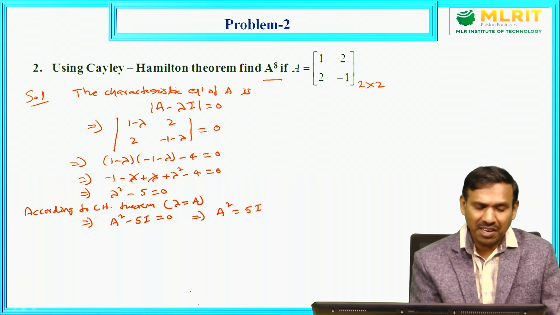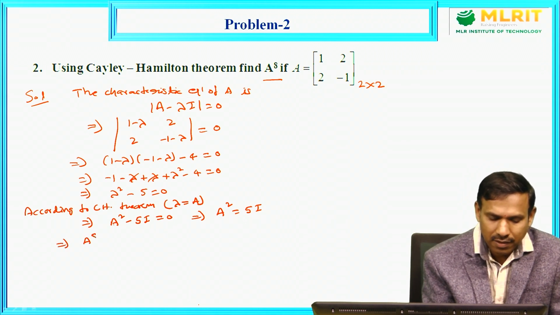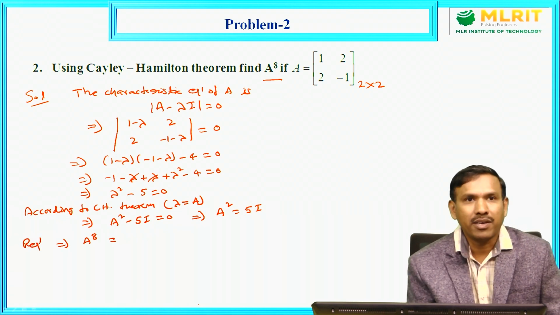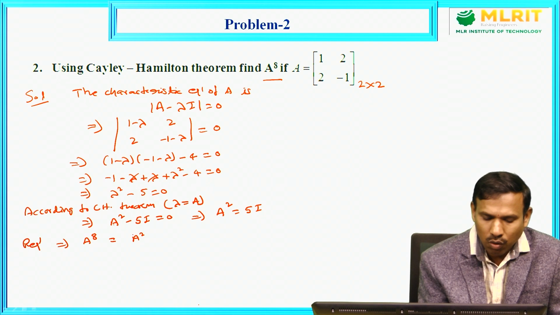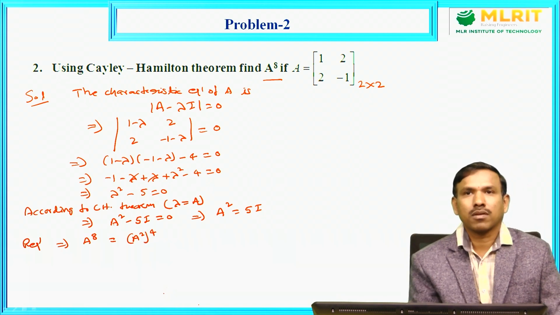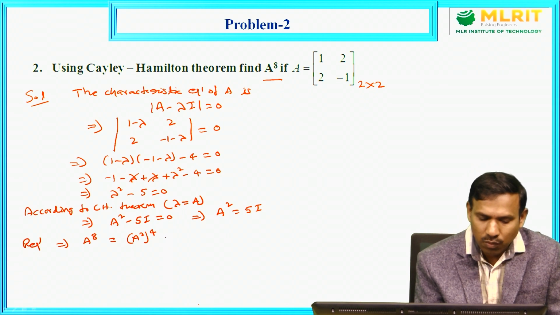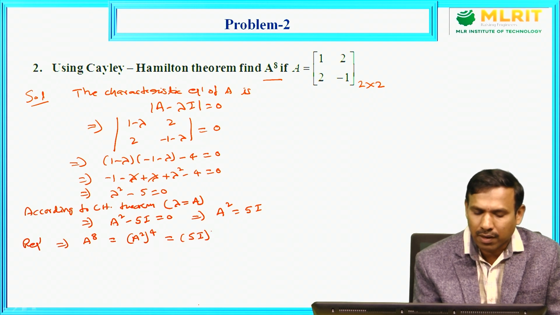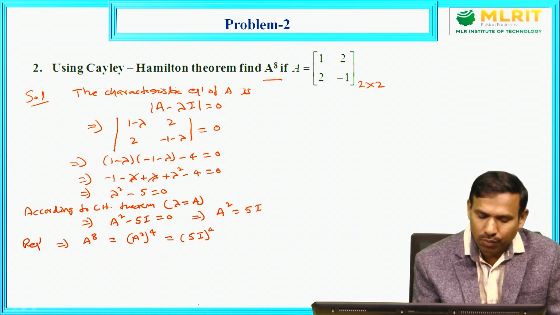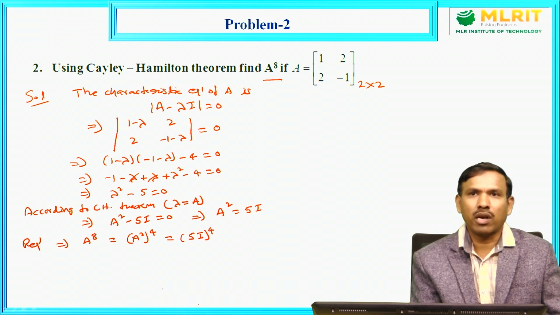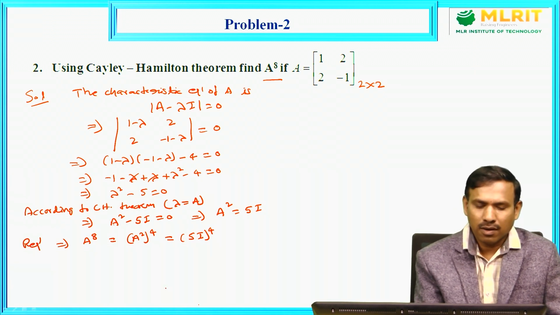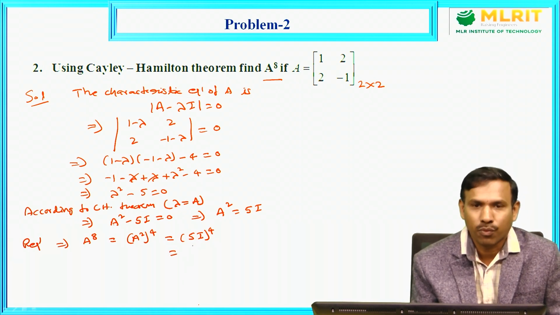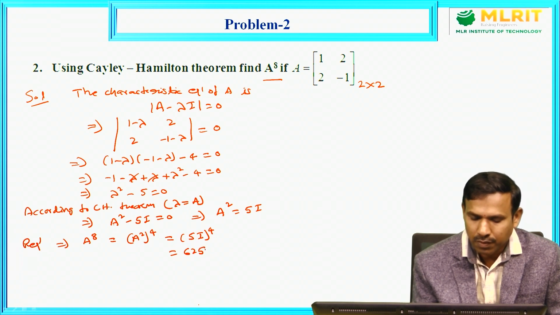The required one is A power 8. A power 8 we can write as A square whole power 4, since 2 into 4 is 8. From the Cayley-Hamilton theorem, A square is 5I, so that is (5I) power 4, that is 5 power 4 into I power 4. 5 power 4 is 625.